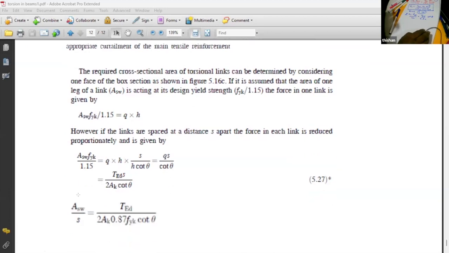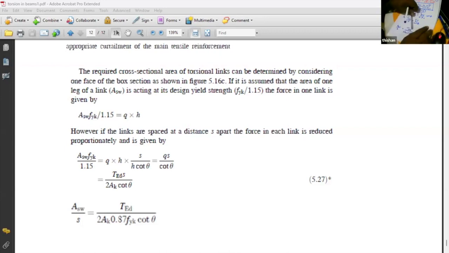So from that you can get this equation. The equation is A_sw f_yk over 1.15 is equal to Q times s over cot theta, and the final equation we are looking for is A_sw over s is equal to T_Ed over 2 A_k 0.87 f_yk cot theta.